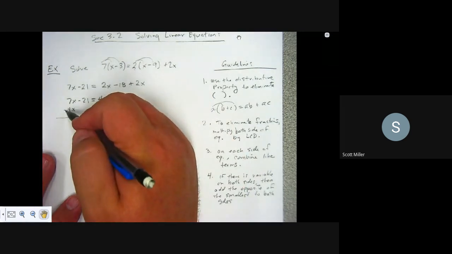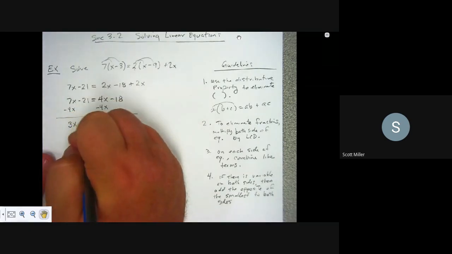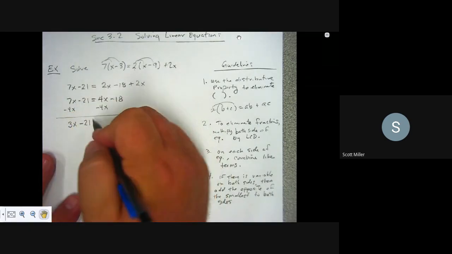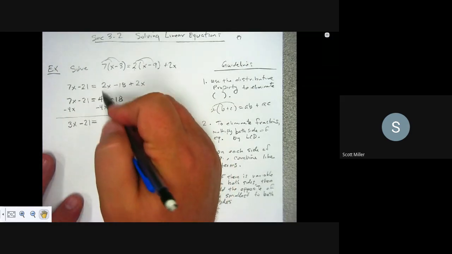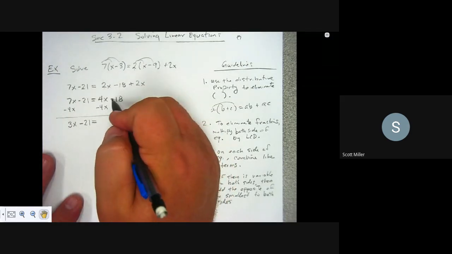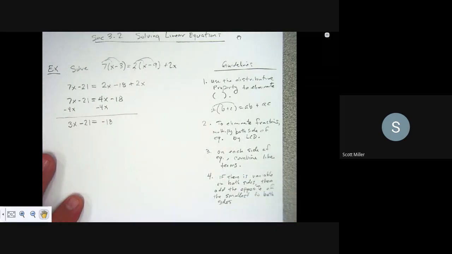Combine in column format. So 7x plus a negative 4x is positive 3x. Minus 21 just comes straight down. The equal sign comes straight down. This right here is 0. And then I have a minus 18, which comes down. This is where we are now.